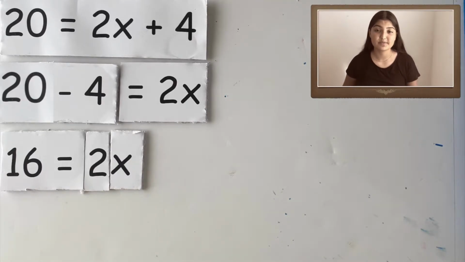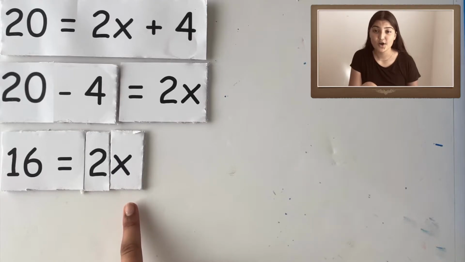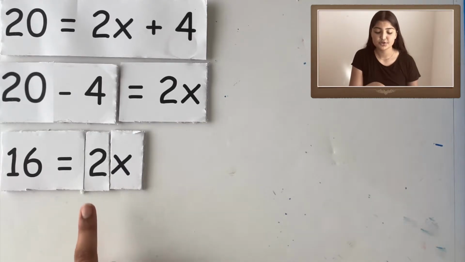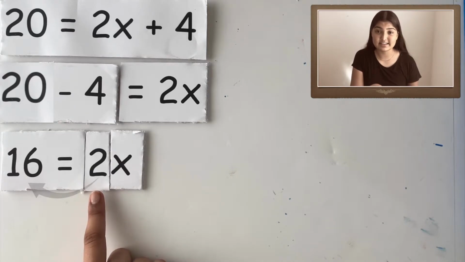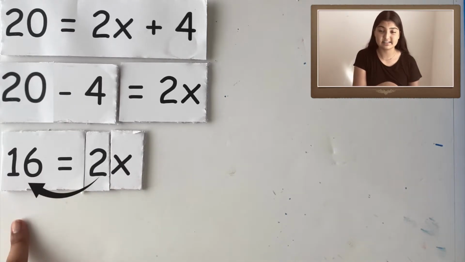Now remember, we want to get x alone on one side of the equal sign. So let's take this 2 to the other side.